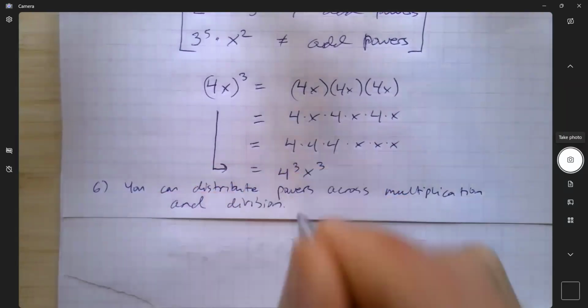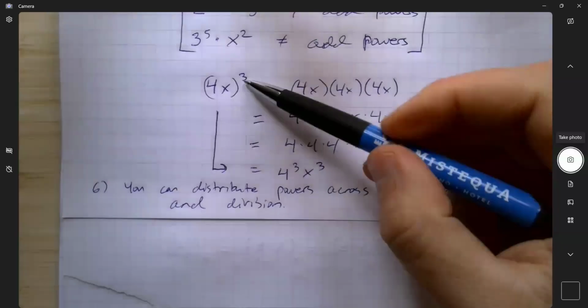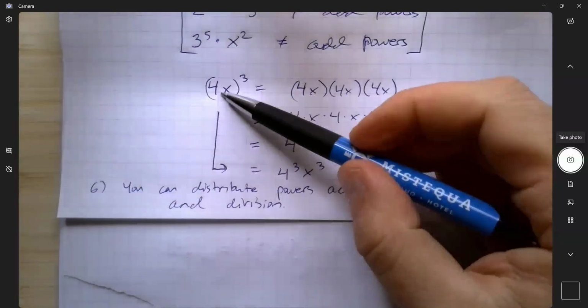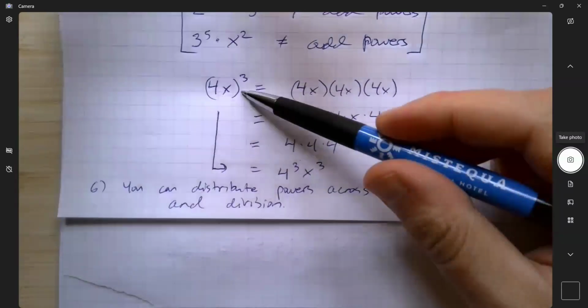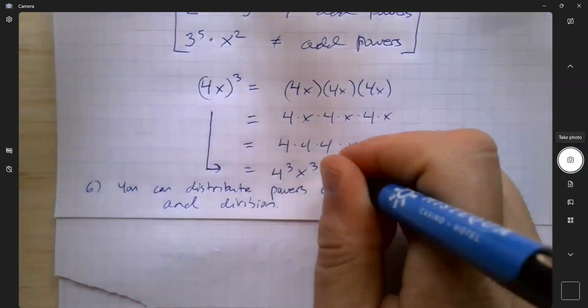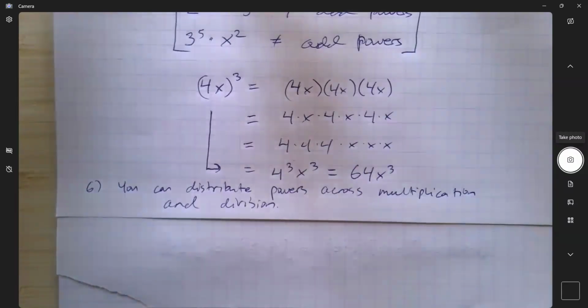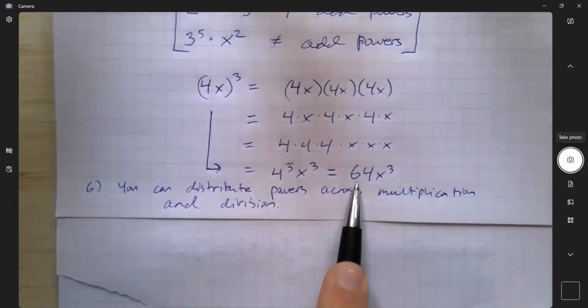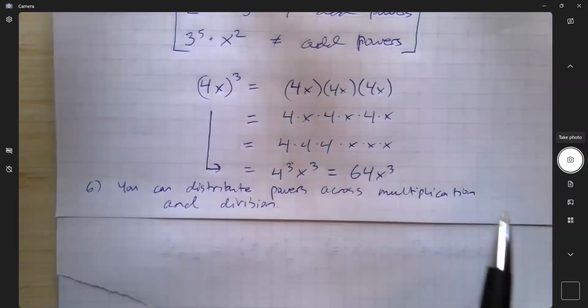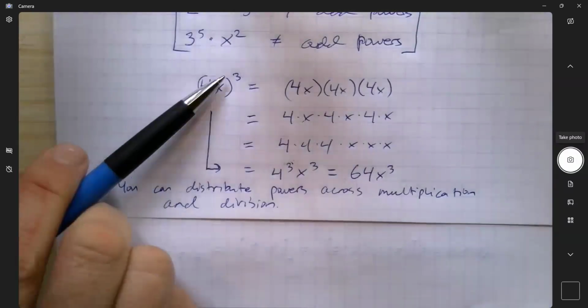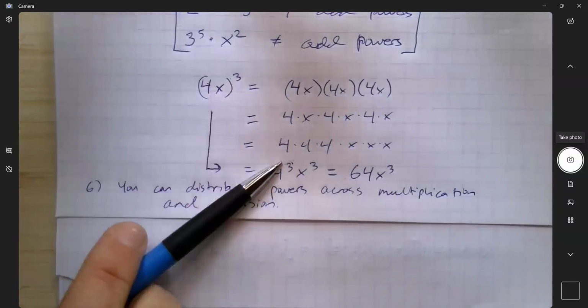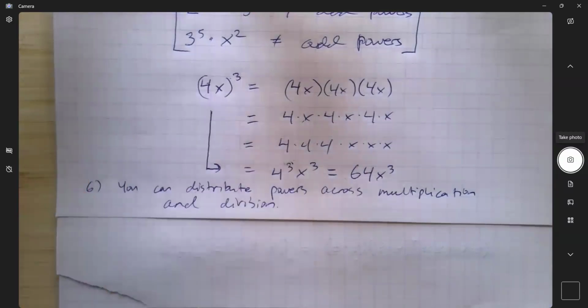So this 3 is being distributed to the 4 and also to the x. And it's convention when we do this to actually do the calculation on the number. 4 cubed is 64, but x cubed stays as x cubed. So you get to distribute the power 3 to the 4 and also to the x. Let me do a couple more examples.